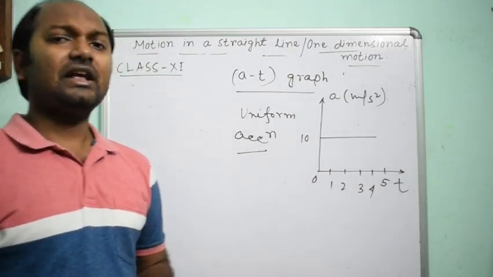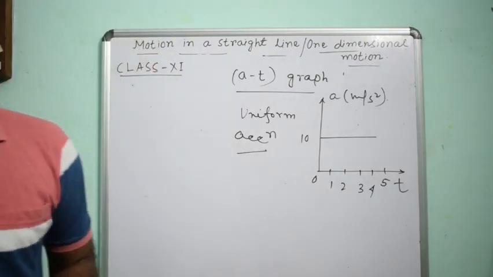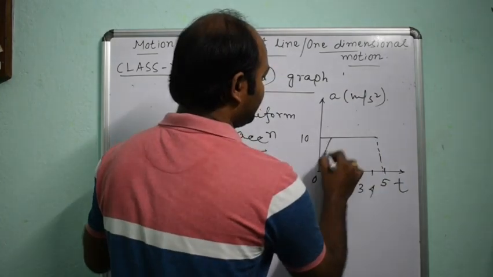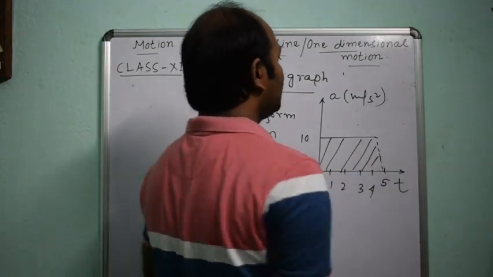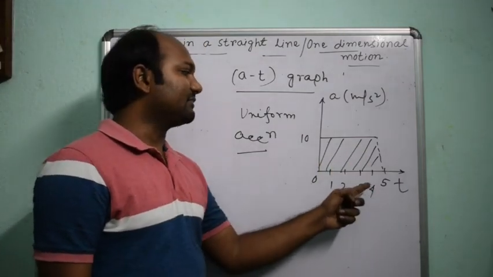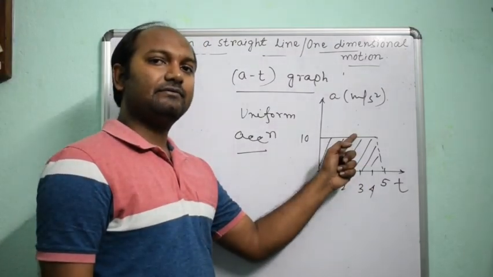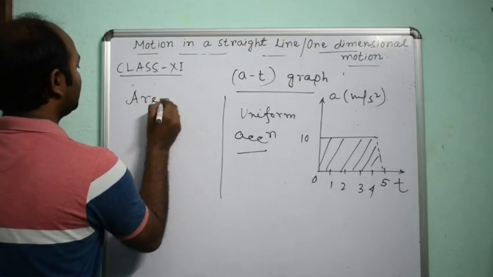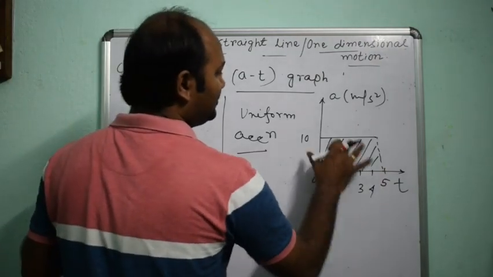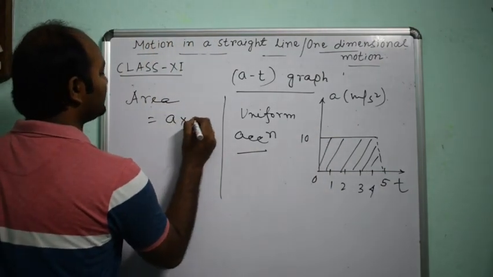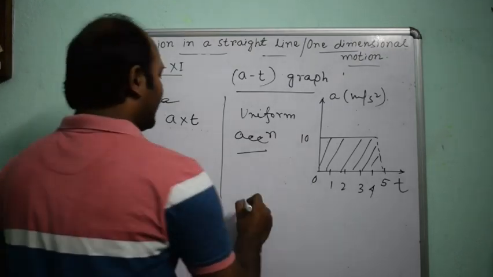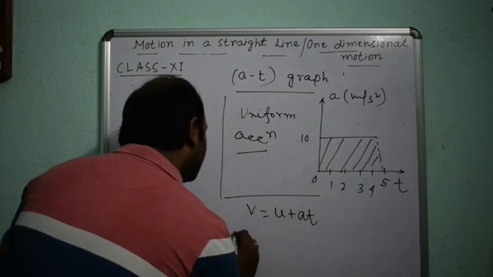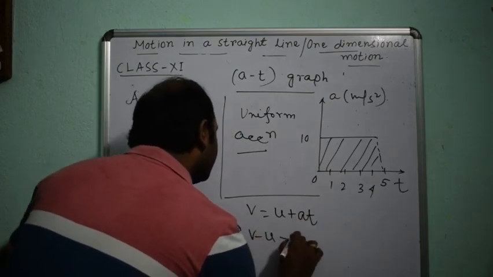Next, if you find the area of the acceleration time graph, what does it imply? Area means acceleration into time, that is A into T. We know that V equals U plus AT, so V minus U equals AT.